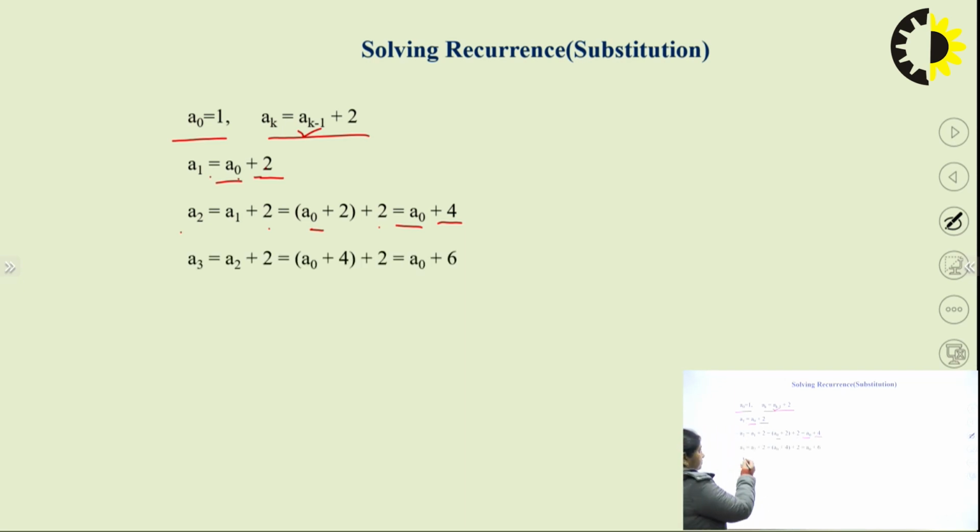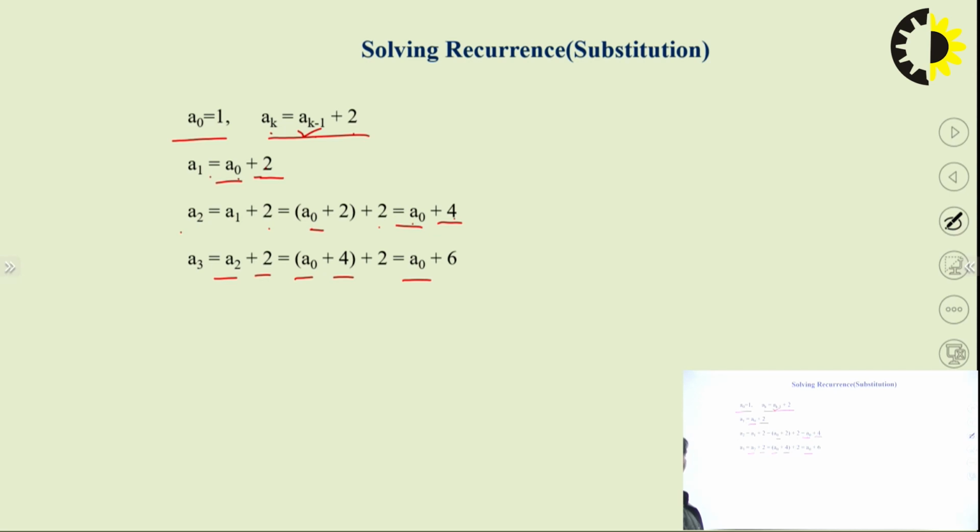A3. The third term will be the 2nd term plus 2. So, what have we taken? A2 plus 2. What is A2's value? That is A0 plus 4. So, here we have substituted A0 plus 4, and we are getting A0 plus 6.